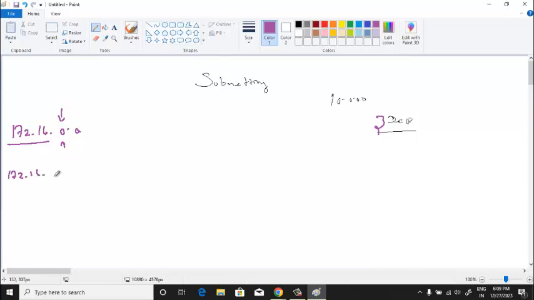172.16. How many bits should I borrow? 2 bits is enough. So if you have 2 bits, all 0, then 1 here, 0 here, and then 1 here, 0 here, and then 1 here, 1 here.